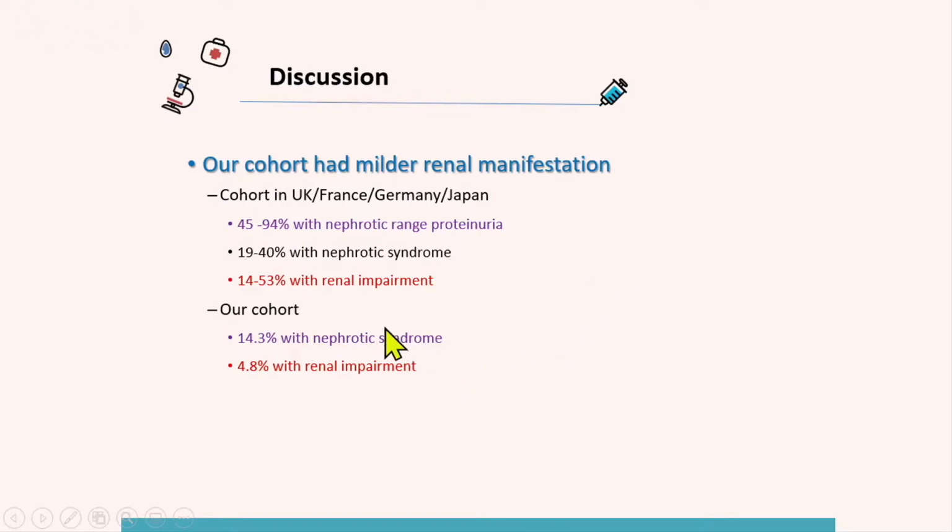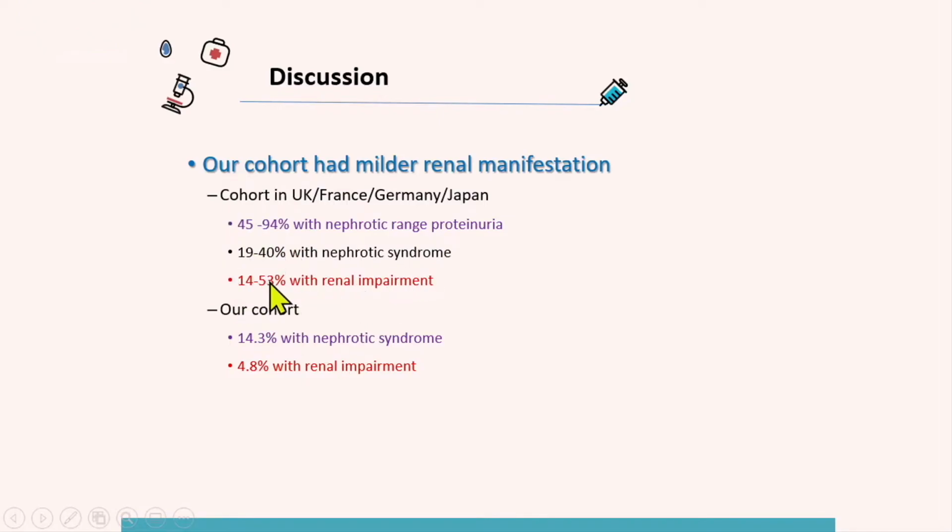It was interesting because just now I asked you to remember the figure 14% of nephrotic syndrome. You see in our cohort, we have around 14% nephrotic syndrome. In other countries, they seem to have 4 times or even 8 times more nephrotic range proteinuria presentation. And also nephrotic syndrome is a lot, like 14% up to 40%.